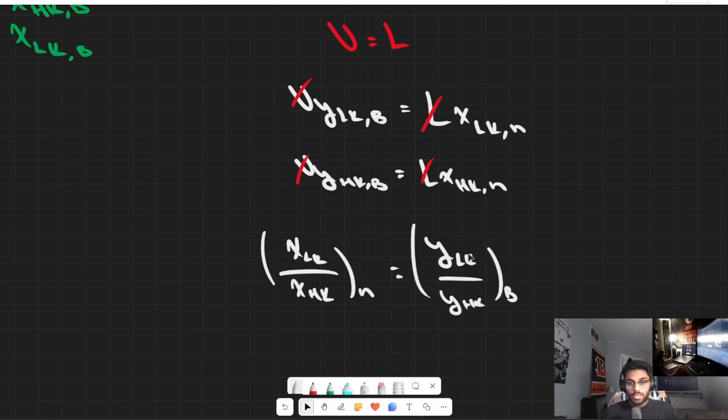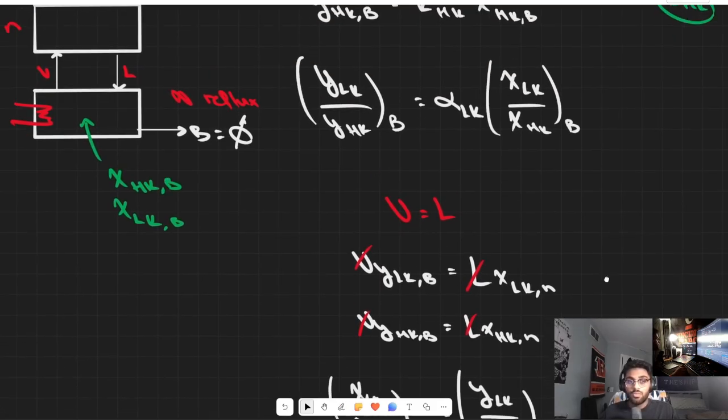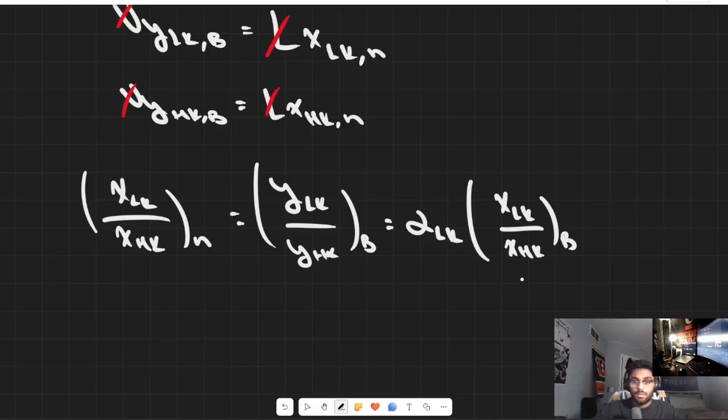But we also notice that this relationship is already predefined, and that's also equal to the alpha of the light key times x light key over x heavy key of the bottoms.